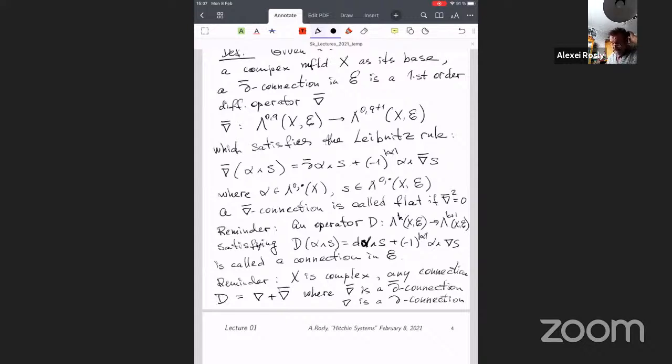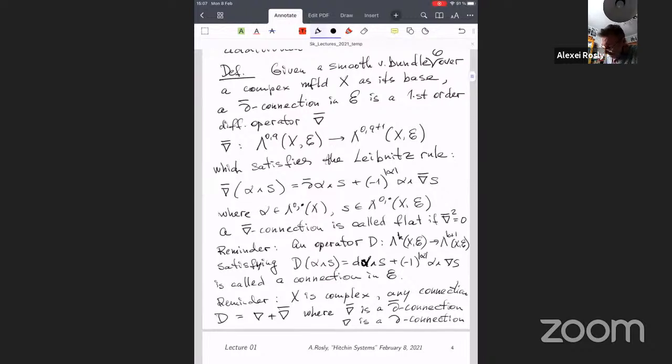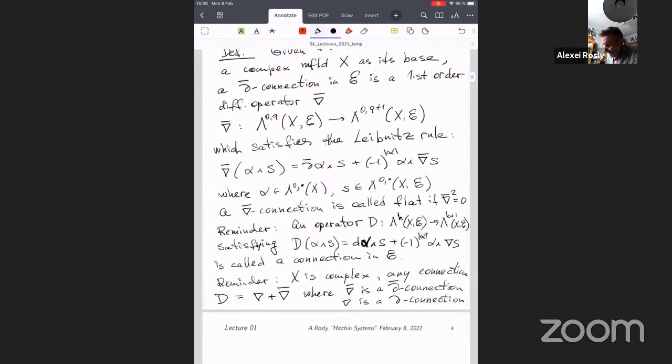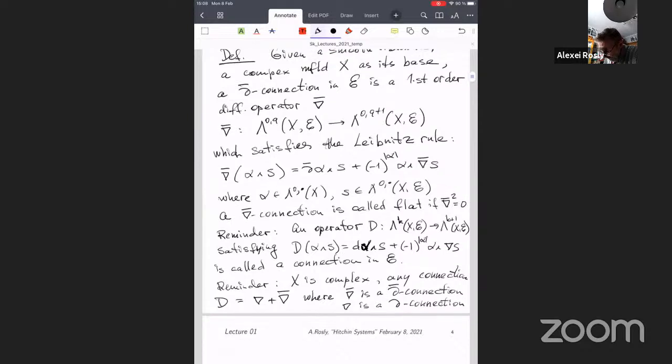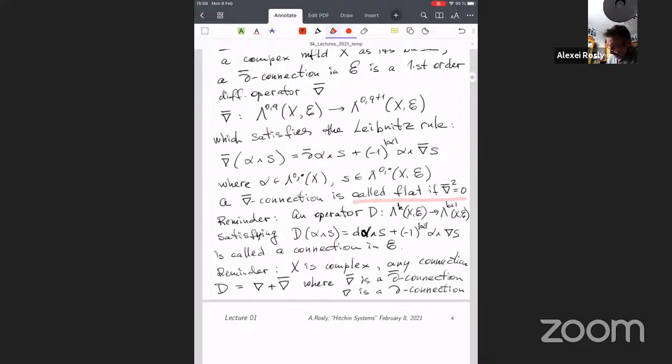And to make this more clear, let us consider this. This is just a notion of connection. It is also important for us to understand what it means to be a flat D-bar connection.